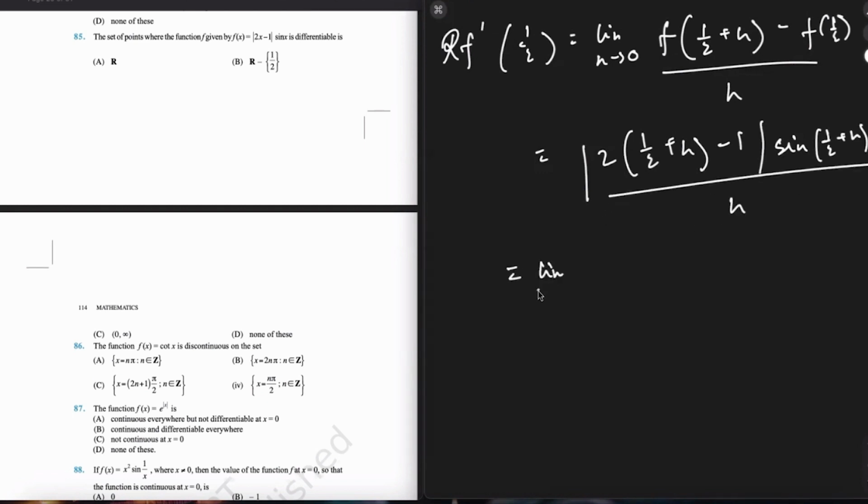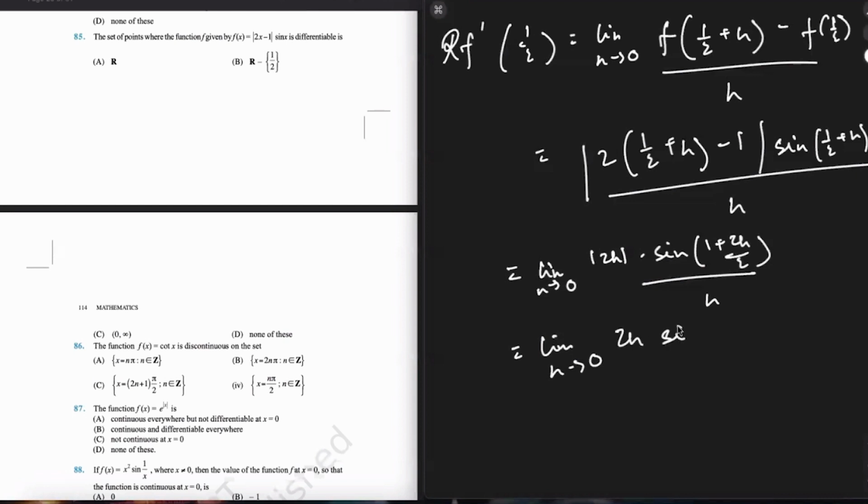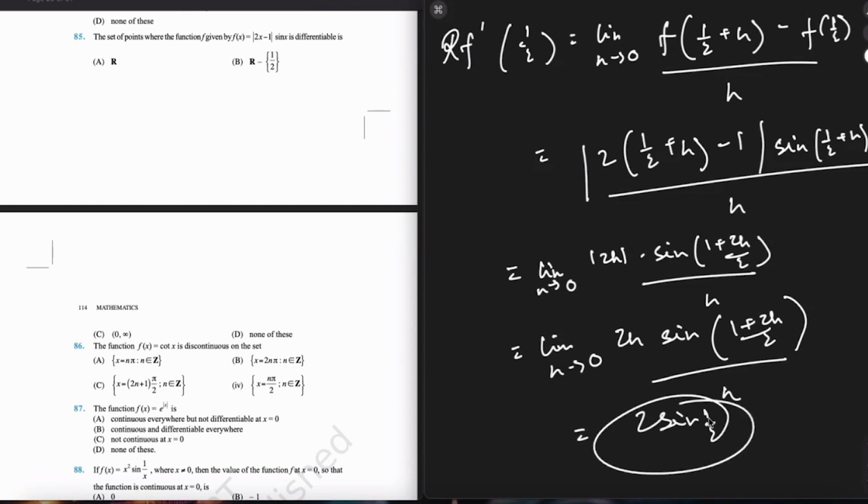So limit h tends to 0, mod 2h sine (1 plus 2h upon 2) divided by h. Limit h tends to 0, 2h sine (1 plus 2h upon 2) upon h. So this can be written as 2 sine 1 by 2.